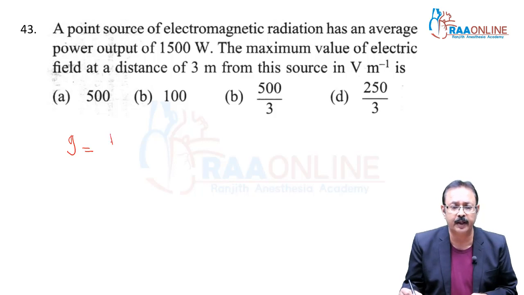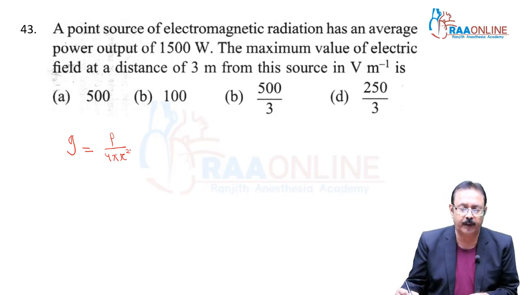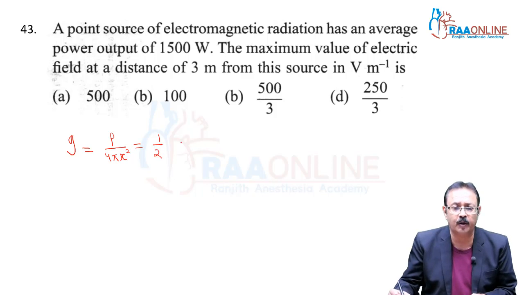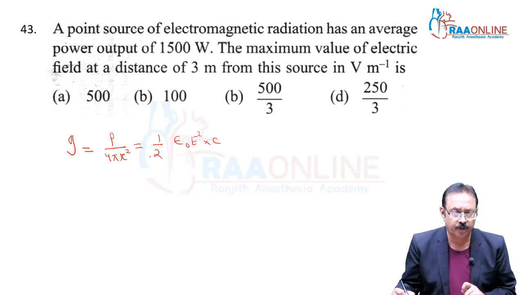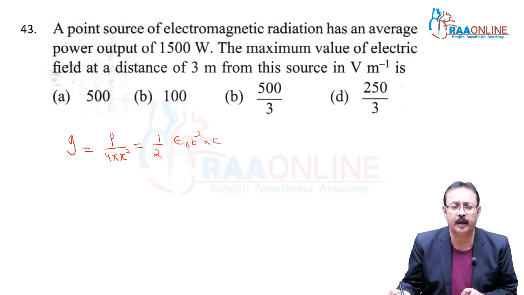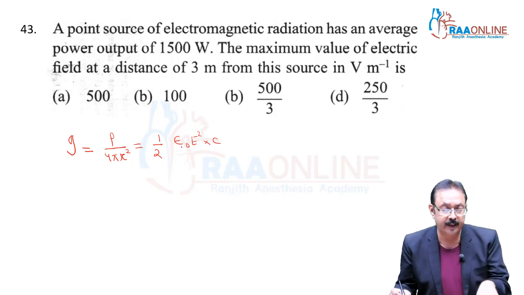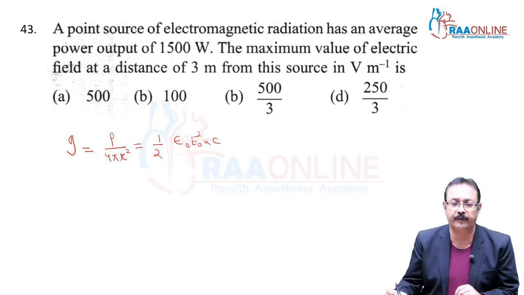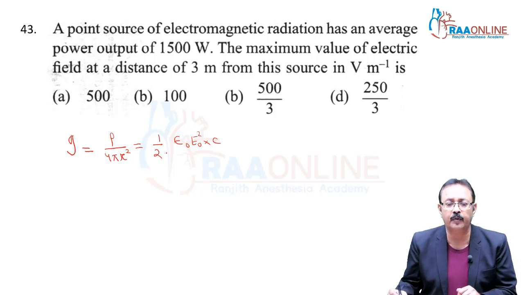It is energy per unit area, power per unit area, P upon 4 pi r square. But one more formula we have, 1 upon 2 epsilon naught E square into C. So from this formula we are able to calculate this E naught. E square means amplitude of electric field square, so you can calculate E naught.